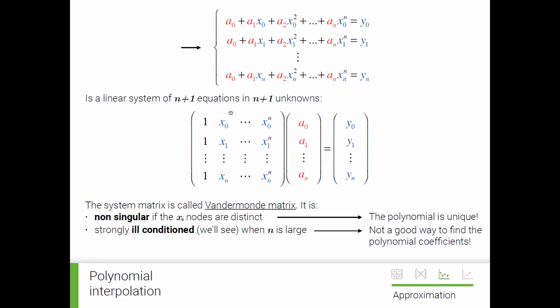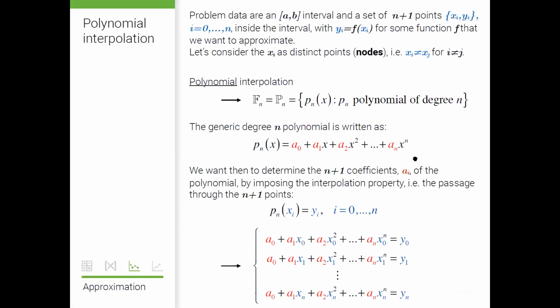So it's like Ax equals b. We will solve this matrix equation now. And this system matrix is called the Vandermonde matrix. It is non-singular if the xi nodes are distinct. Hence, the polynomial is unique here. So our given polynomial Pn will be unique.